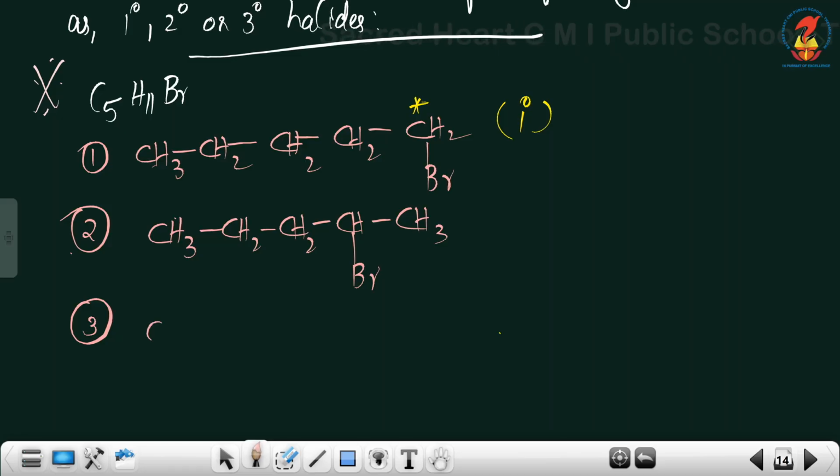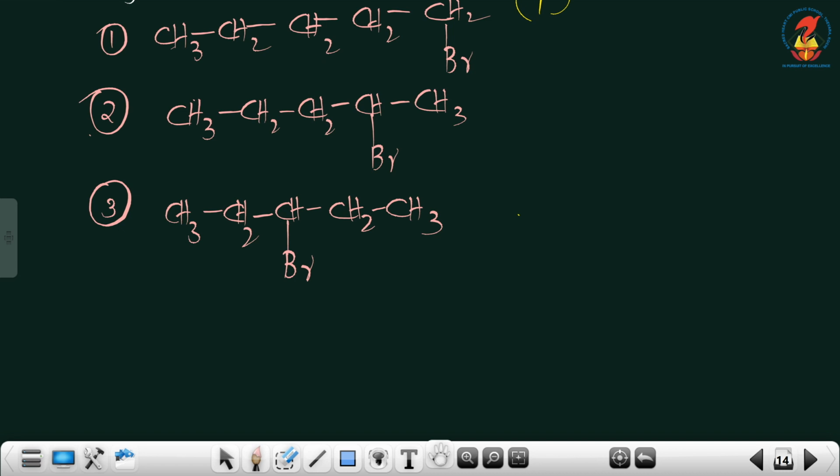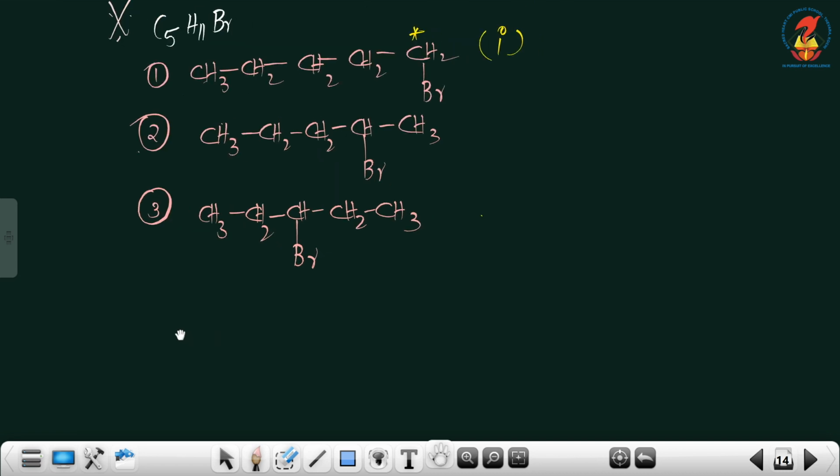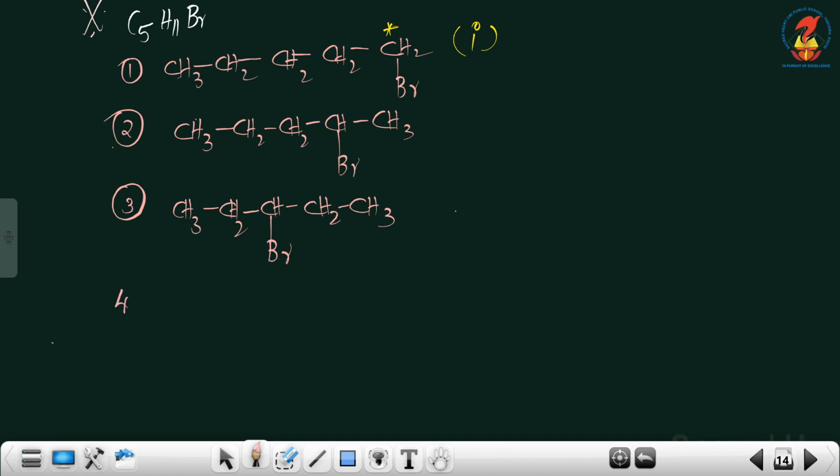Now the third one is again a 5 carbon straight chain, 1, 2, 3, 4, 5, and bromine on the third carbon. So here also it is the same molecular formula but different structure. Now there is no other possibility with all the 5 carbons in a straight chain.